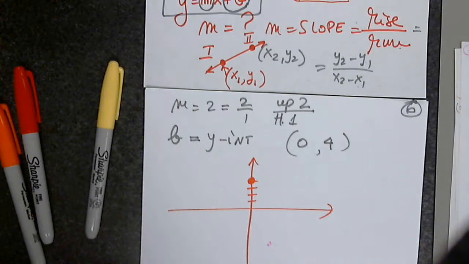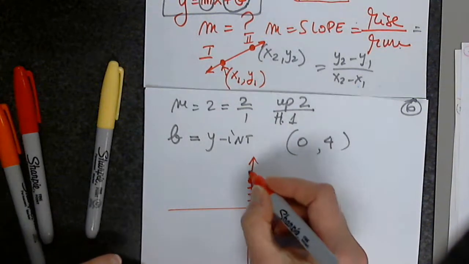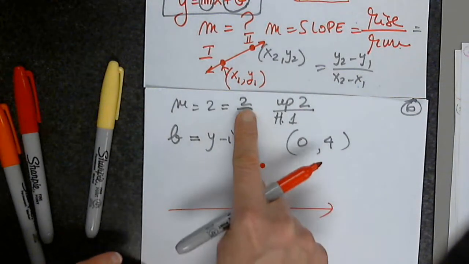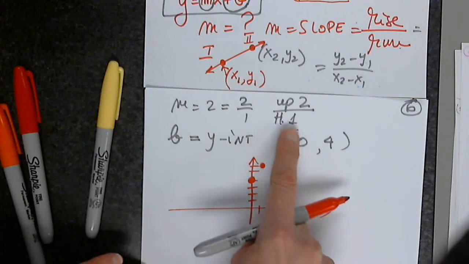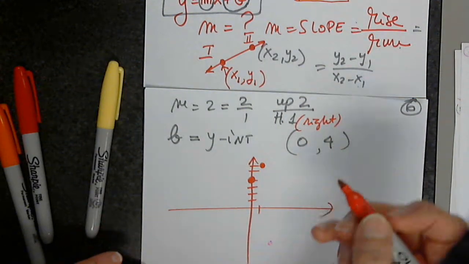That's the bottom point. I go up. One more time. How much do I go up? 2. How much do I go to the right? 1. Up 2, horizontally right 1.